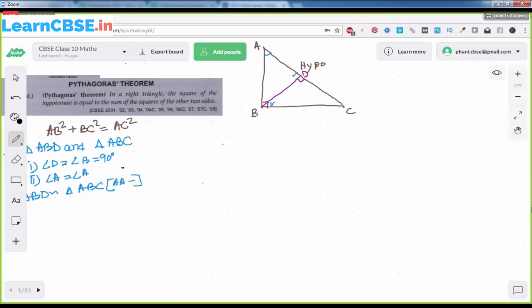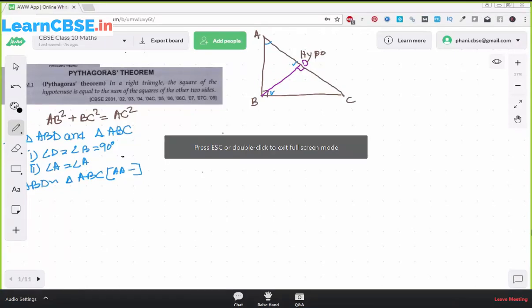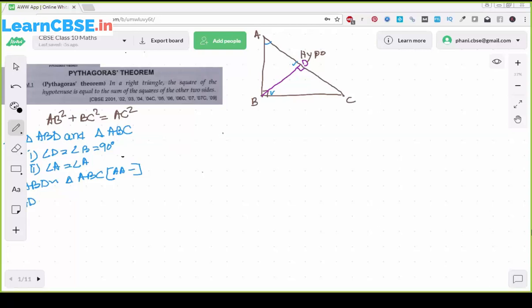As these two triangles are similar, as per the rules of similarity, their sides will be proportional. So the corresponding sides, AD by AB equals AB by AC.